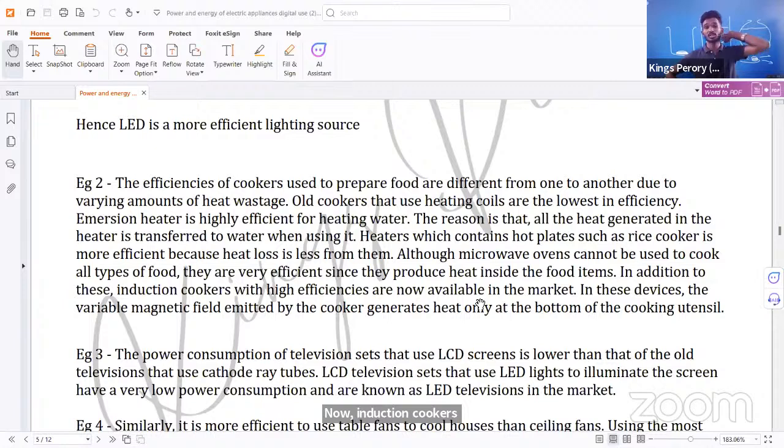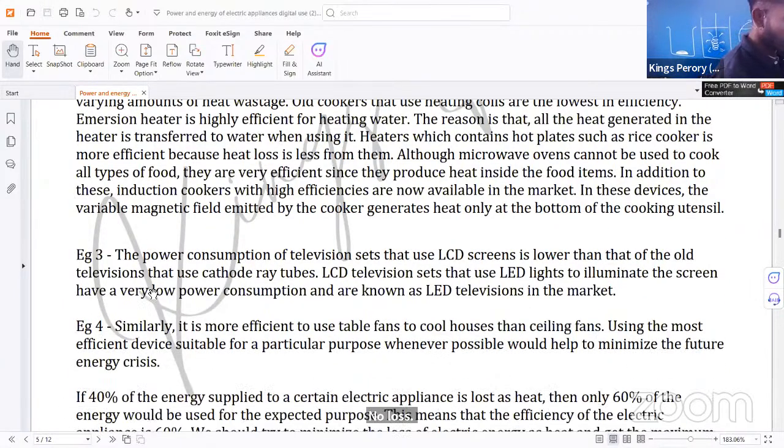An induction cooker creates heat due to a varying magnetic field. The working principle there is electromagnetic induction. That is why in an induction cooker you can't keep just any container, only a metallic container. That also produces heat from the bottom. No loss. Okay, that is about cooking appliances.